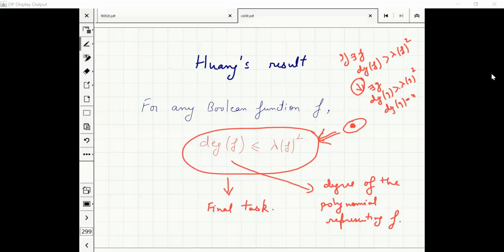Is that okay? How we will create g is a separate question. But if I can create a g like this, it's enough to show degree of f is less than or equal to lambda f square for a complete degree function.